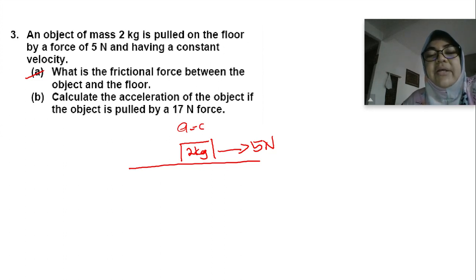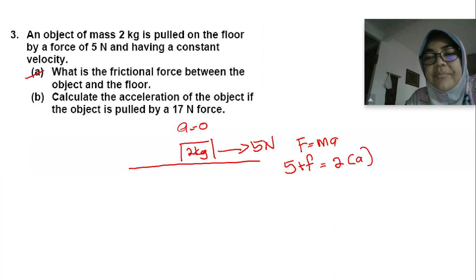Okay, so if the acceleration is 0, F equals ma, 5 plus friction equals 2 kg times 0. So friction is, this is 0, sorry.